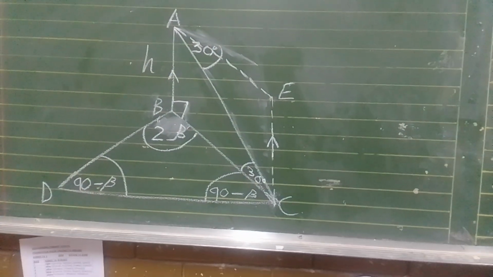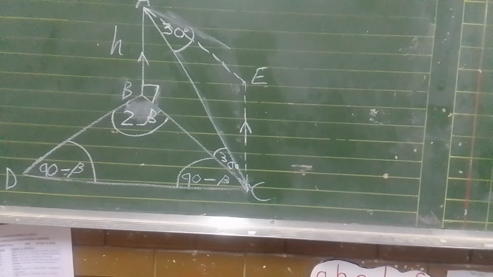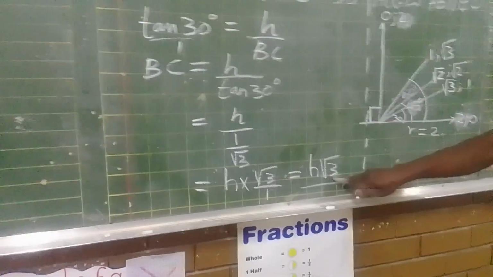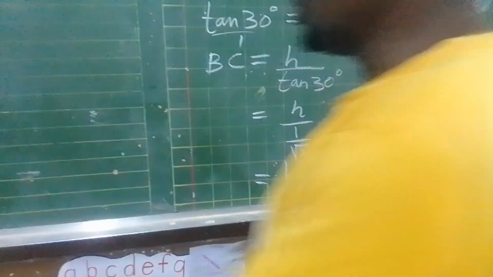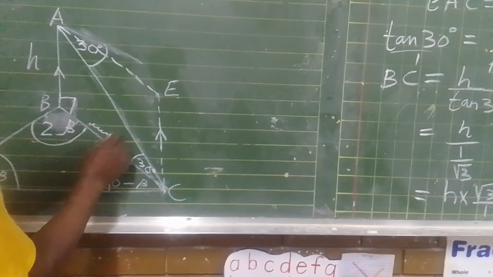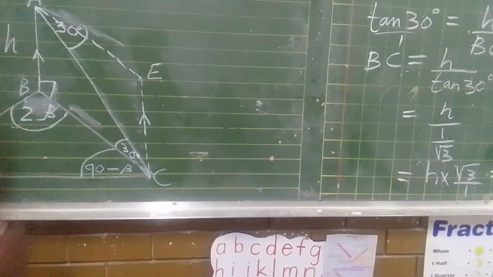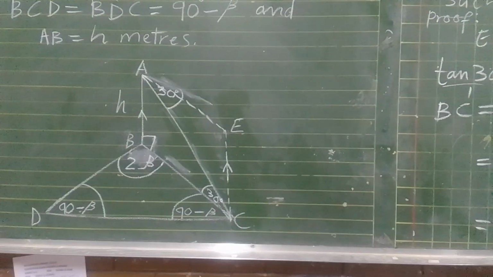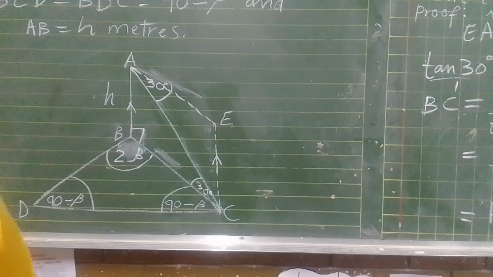But do we really need BC? Yes, BC, we need it, because we have what? BC is h root 3. So we are going to use BC. This is the side that we are going to use. Let me use the different colored chalk. This is the very important side that we need to use.